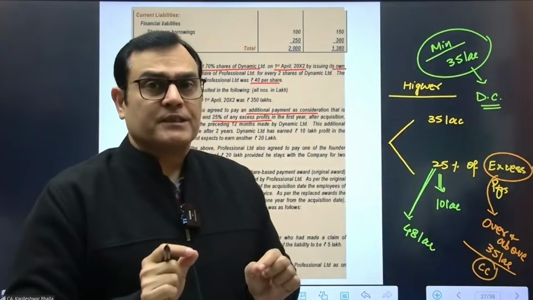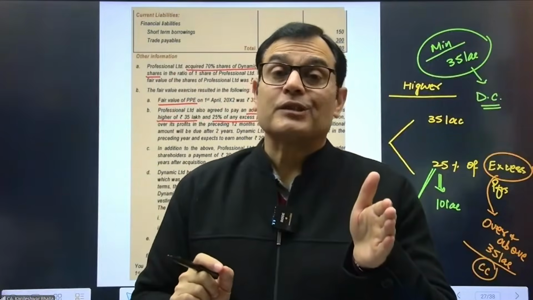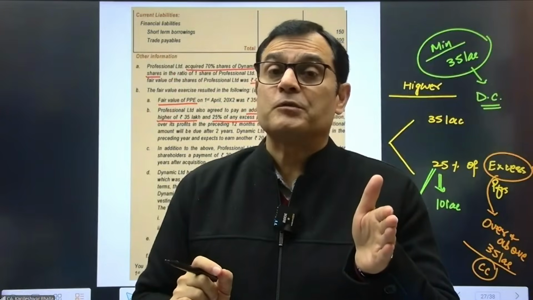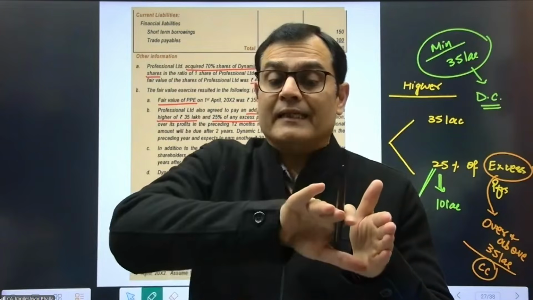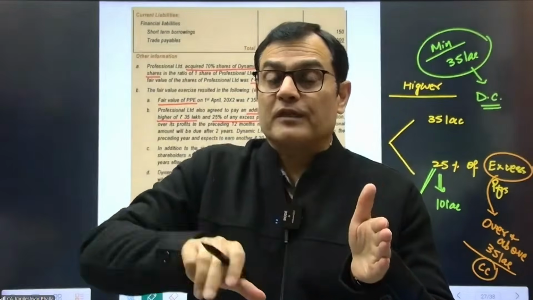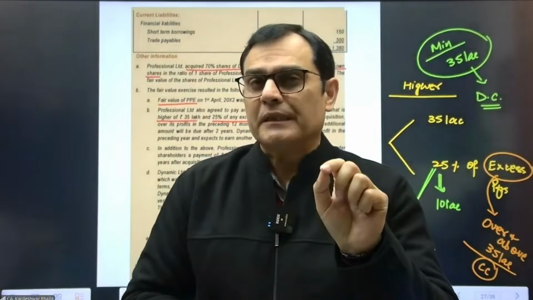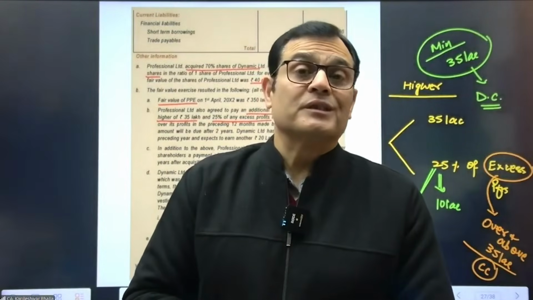Whatever amount gets paid, 35 lakhs is guaranteed to be paid irrespective of the outcome. And if there is any payment in excess of 35 lakhs, that's going to be contingent. So this indirectly becomes DC as well as a CC combined.